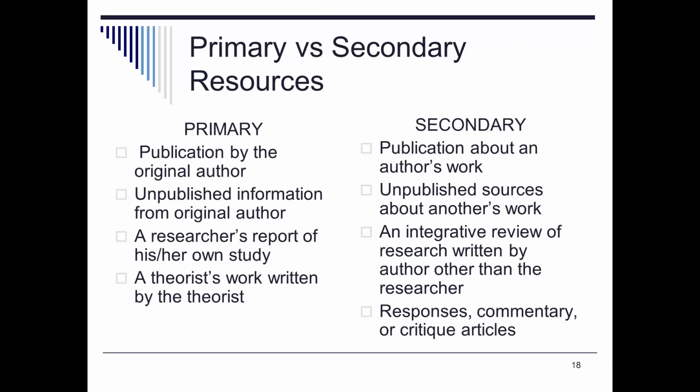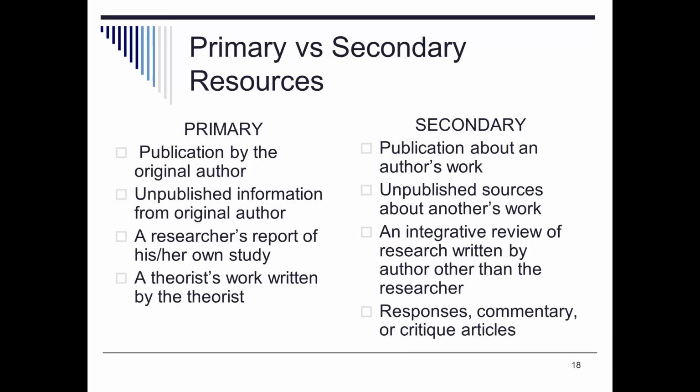Here people talk about primary and secondary sources of literature. Primary usually is when you're looking at things that a particular author wrote. For example, there's some people like Bandura who looked at social interactions. His books, his literature, his chapters, his articles are considered to be primary sources.